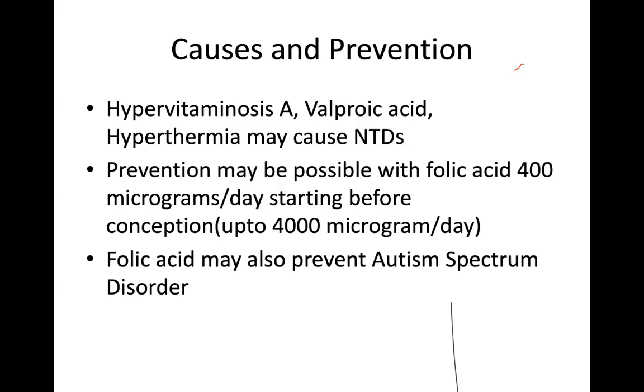But folic acid deficiency has also been seen to cause what is called autism spectrum disorder, which involves a lot of social, behavioral and intellectual challenges seen in children and young adults. So, folic acid is a very important supplement, especially for women of childbearing age.